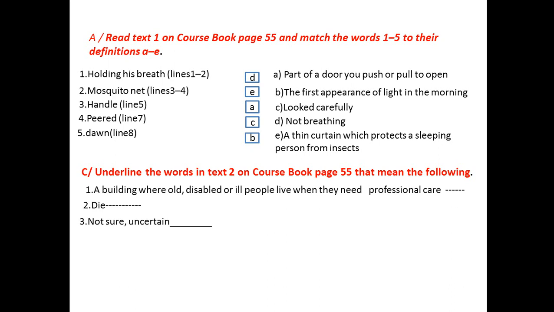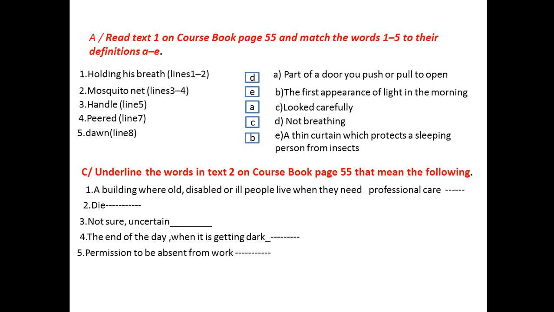Number 3, not sure, uncertain. Number 4, the end of the day when it's getting dark. Number 5, permission to be absent from work. Number 6, say no to a request from someone.